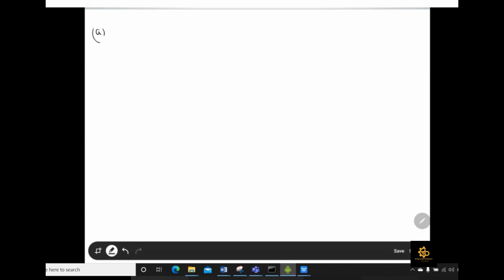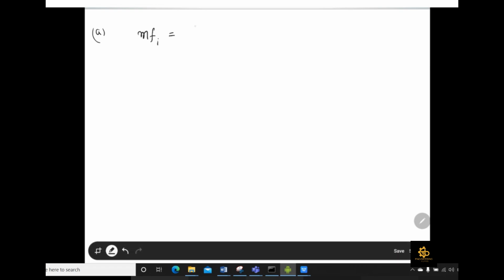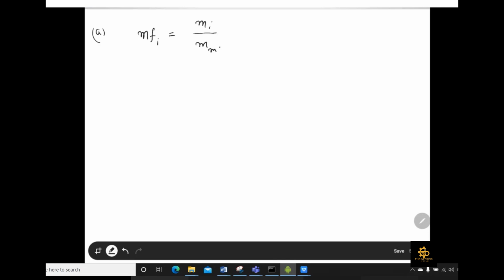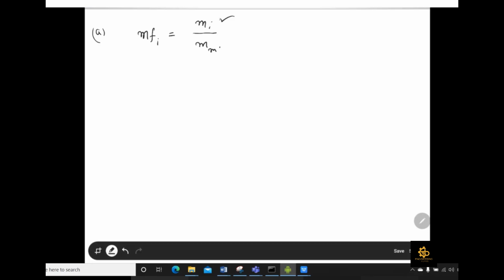In the first part, we have to find the mass fraction of each component. We already know that the mass fraction of the individual component is equal to the mass of the individual component over the mass of the mixture. You already have the mass of each individual component from your data, but first we have to find the mass of the mixture.